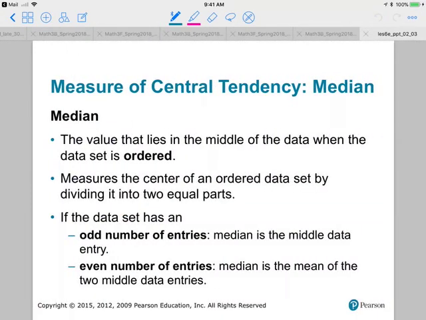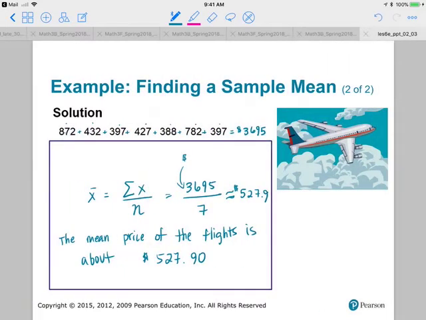Okay. Now let's talk about the second measure of central tendency. Remember we have the three most popular ways to describe the center of data: mean, median, and mode. So what does this mean, this $527.90?